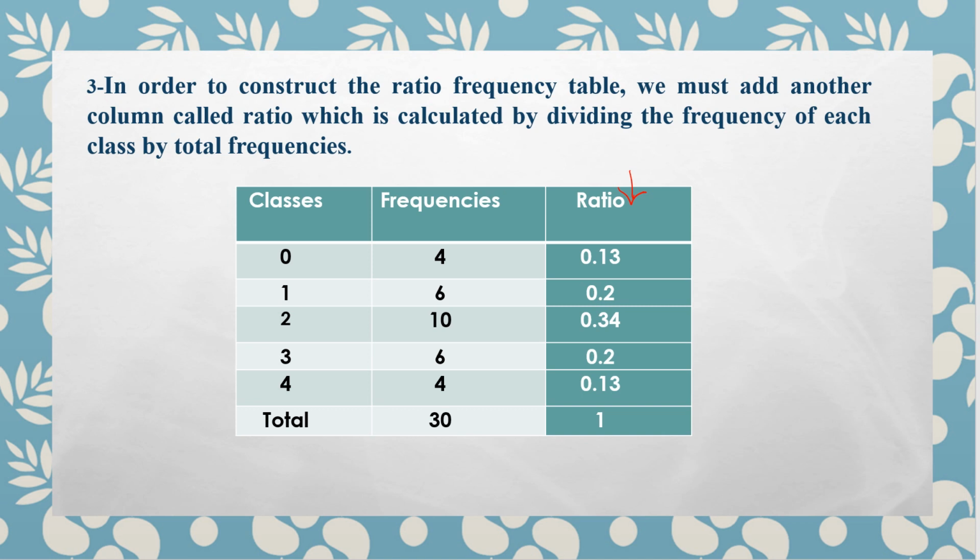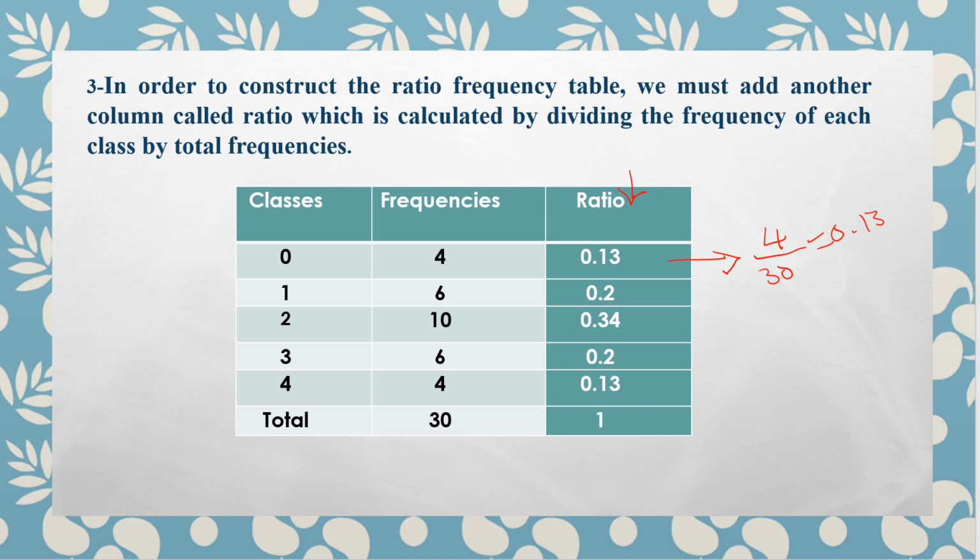So for the first class, which is 0 heads, the frequency is 4. So 4 divided by the total frequencies, which is 30, gives a ratio of 0.13.